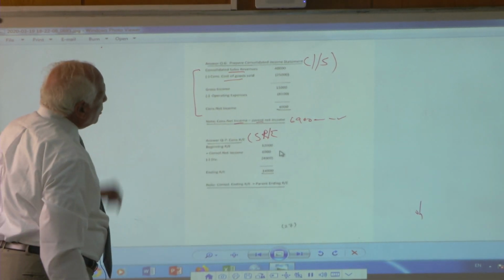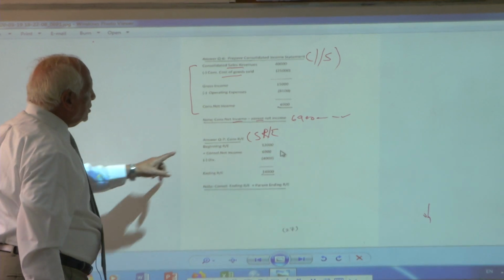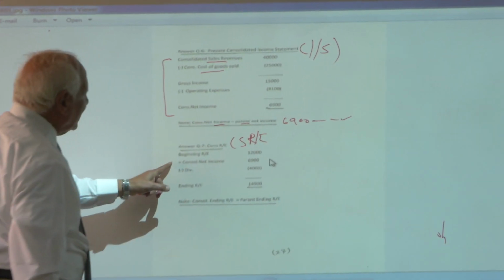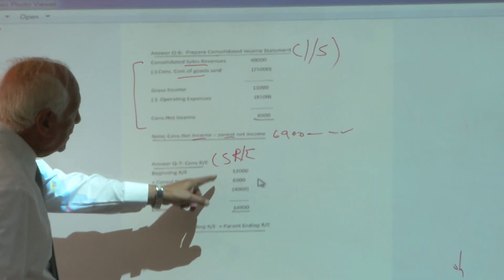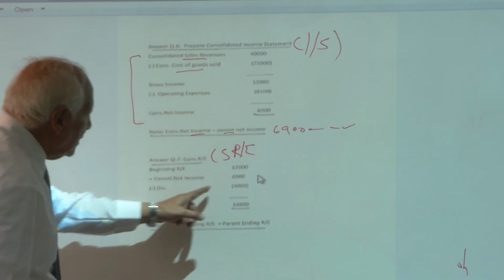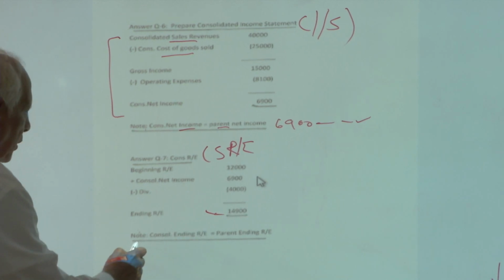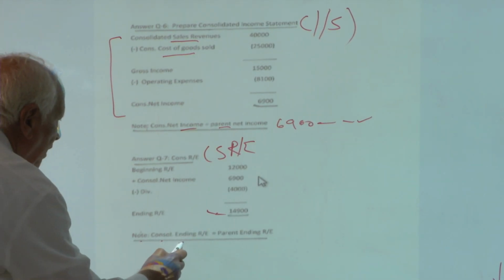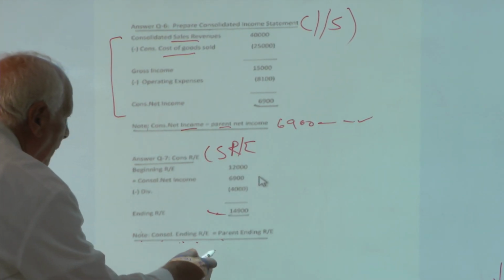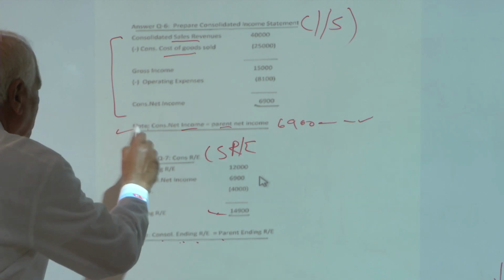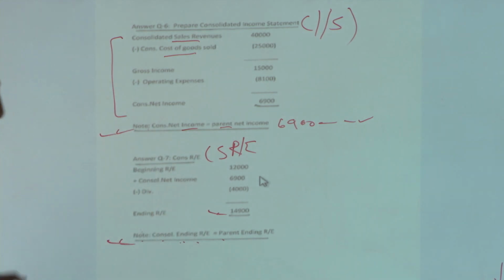Second one, answer question 7. Beginning retained earnings 20,000, add net income from the income statement, deduct the dividend, it gives you this one, ending. Ending retained earnings equal to ending consolidated equal to parent. Look at the same thing, equal to parent. This one here, note, very important. Okay, you need to look at it again and do it. I welcome questions. You can ask Hiba or ask me later for this one.